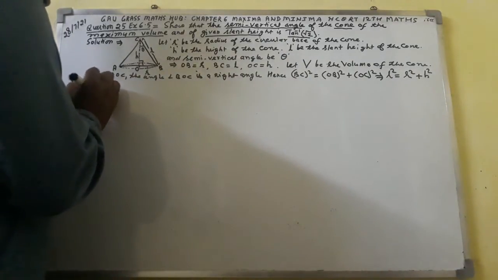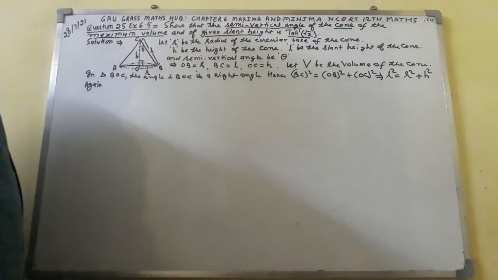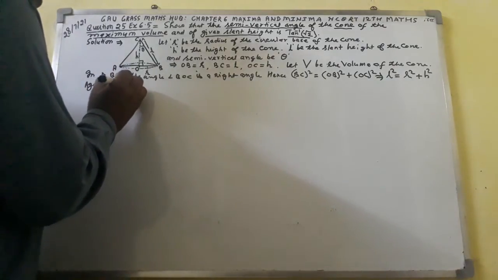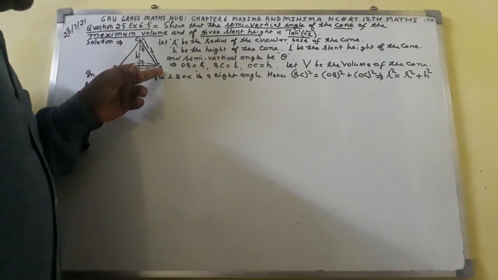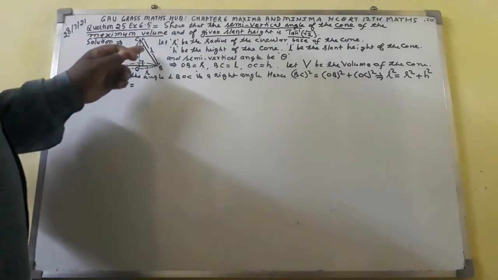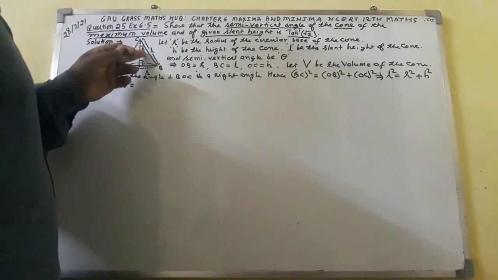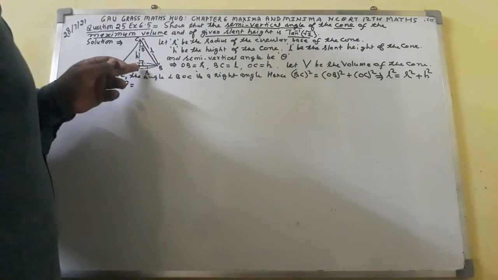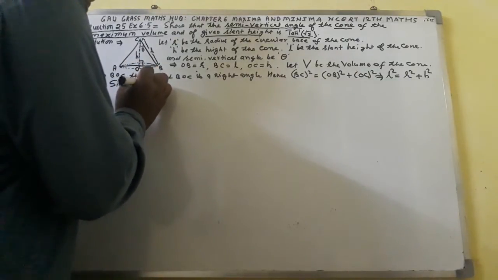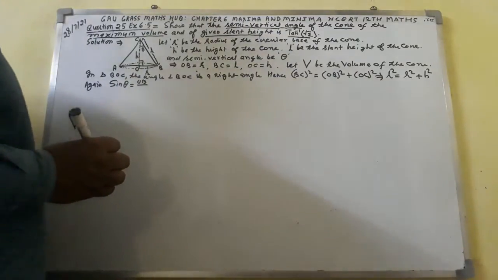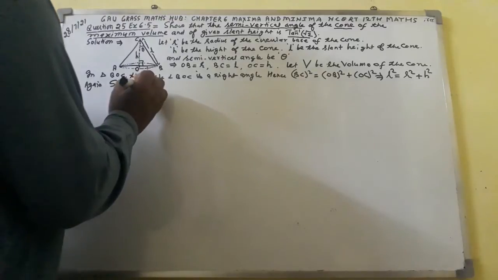Again, apply the trigonometric ratio. Sin theta, with angle BCO being theta: with respect to angle theta, sin theta is perpendicular over hypotenuse.